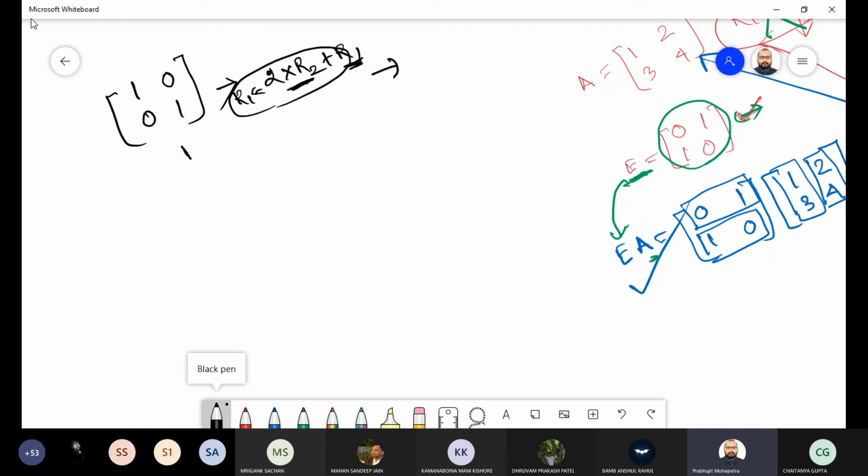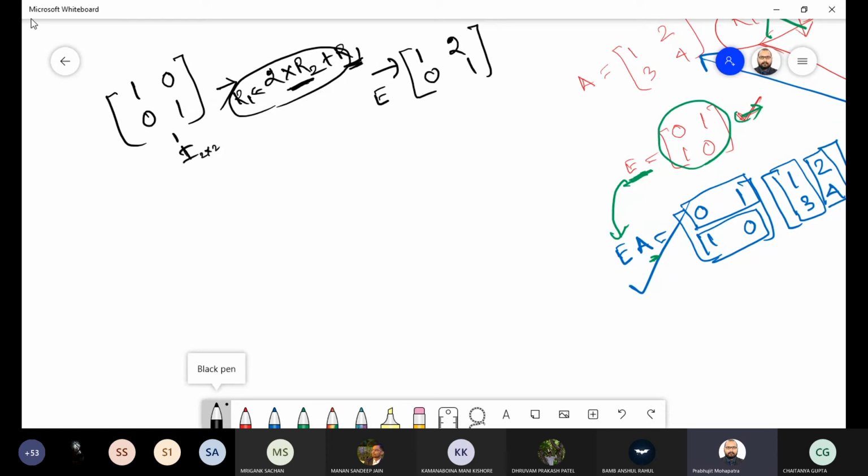So the elementary matrix will be converted: 1 into 2 times 0, so 1, then 0 plus 2 times row 2, that is 2, and then 0, 1. So this is now your elementary matrix and this is your identity matrix.